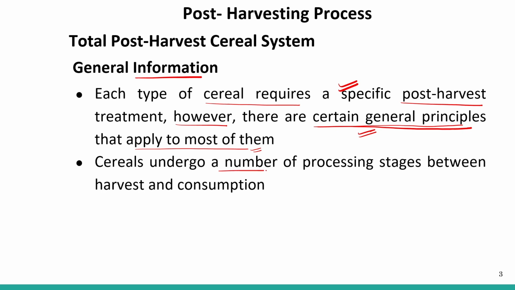Cereals undergo a number of processing stages between the harvest and consumption. So from the harvesting up to the consumption of the seeds, there are different processing stages, and that we are going to study.